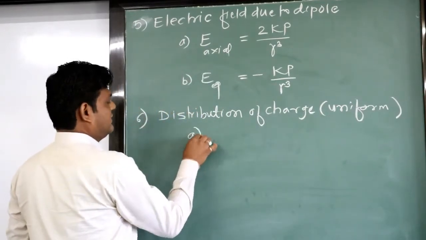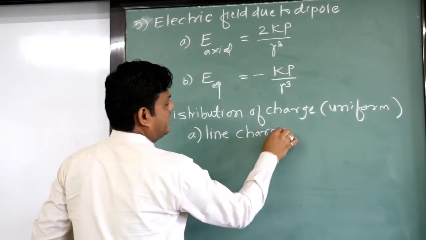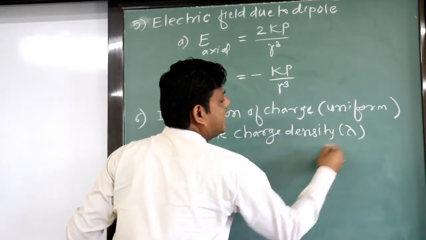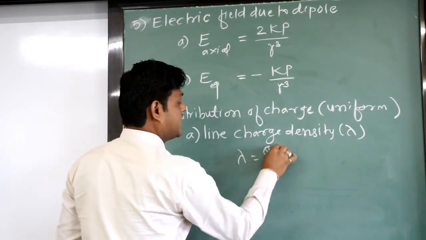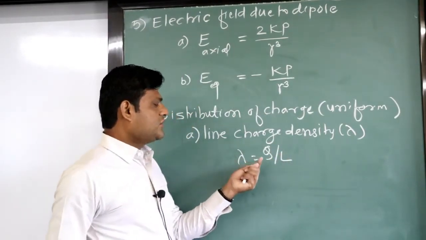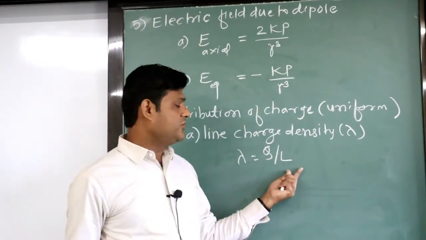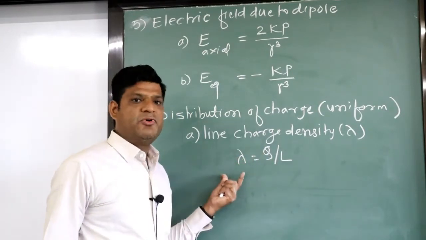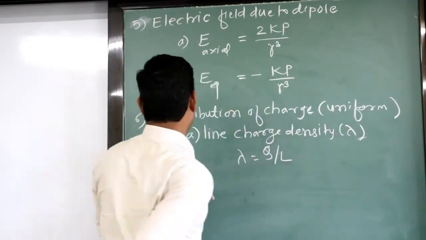See the first, line charge density, denoted by letter lambda. What is the formula for that? Lambda equal to charge per unit length, that we studied. So if we know the total charge residing on the line and the length of the line, you can calculate charge per unit length, that is line charge density, lambda, easily.